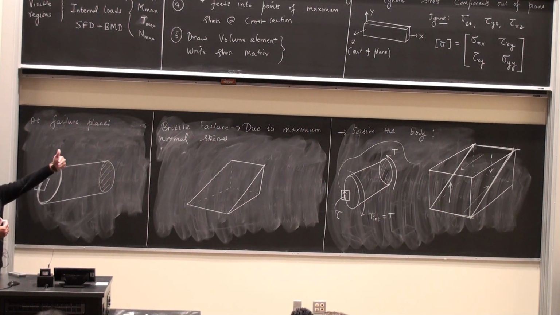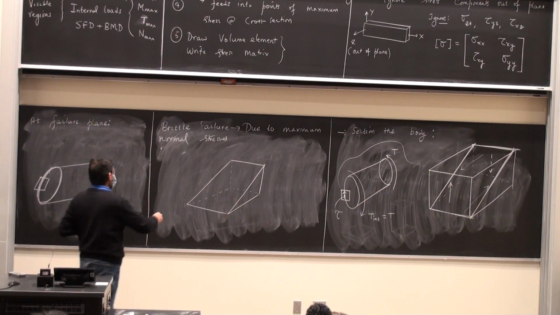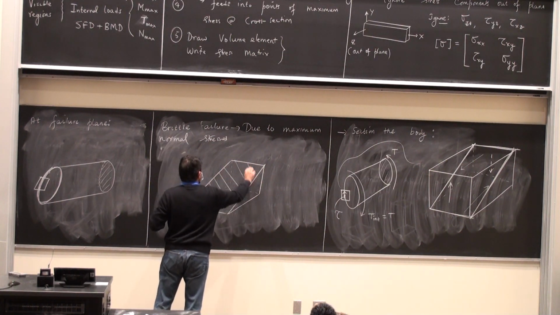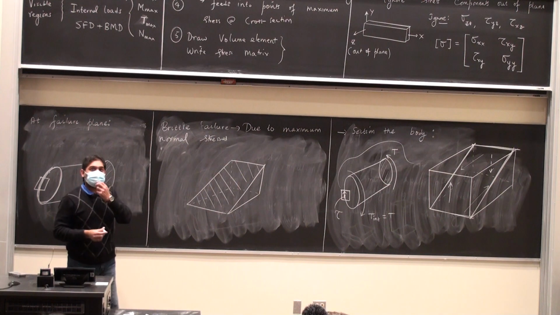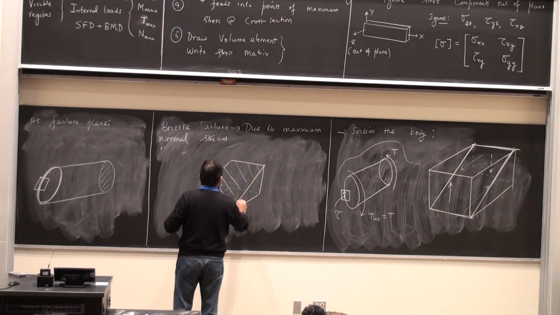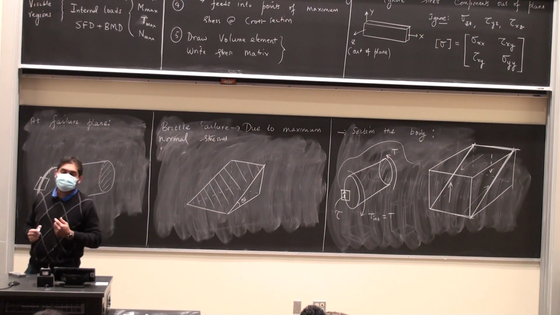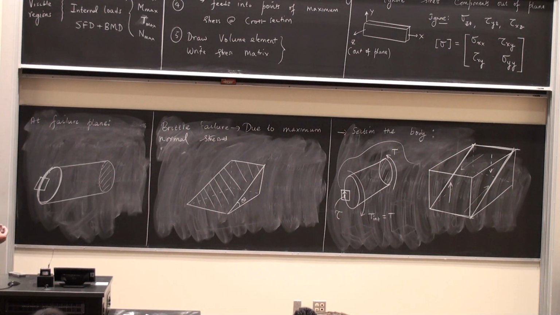Now, I have broken open this plane, this big plane that I'm shading. Let me call the angle here the angle theta. Okay, so this is the angle made by the plane with respect to the original volume element.